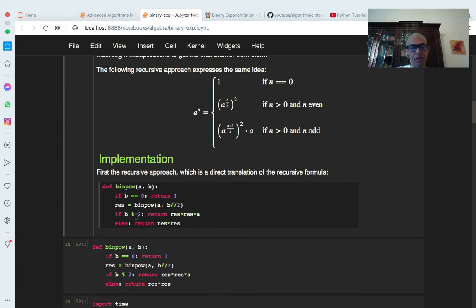So if b modulo 2, actually what does it mean? If b is even, b modulo 2 would be 0. So if it's even, this would be false. 0 is false, so it will go to this else.